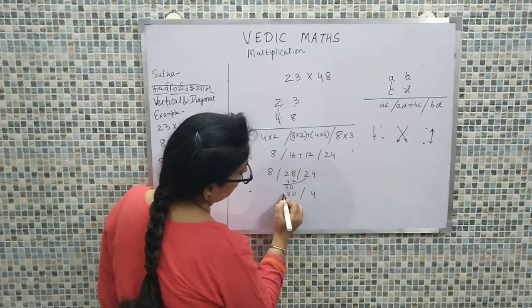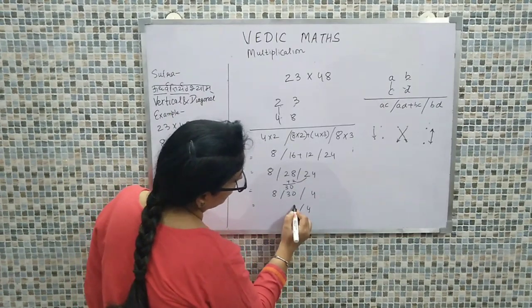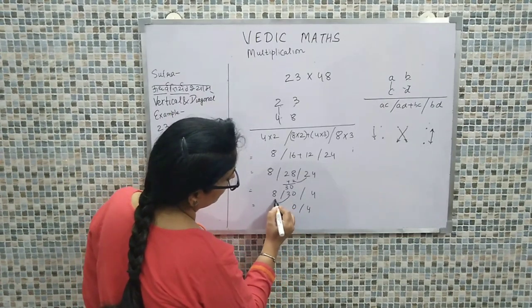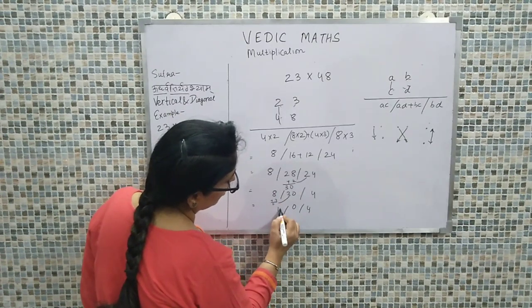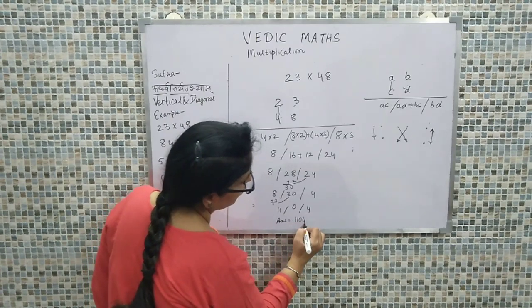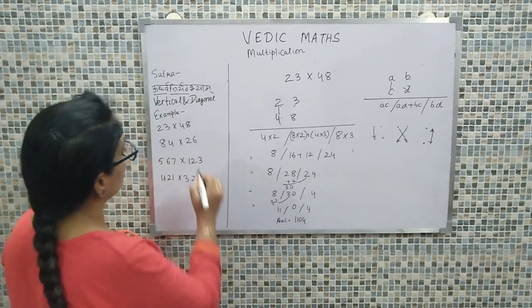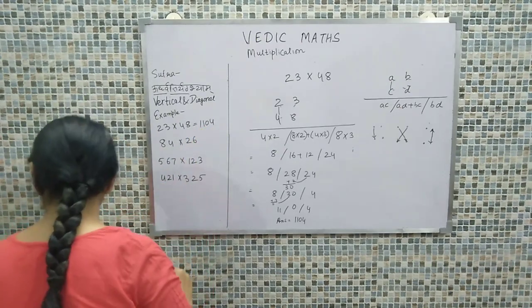So we keep 30 here and 8. We have 4, 0 is retained, 3 is the overflow, and 8 plus 3 is 11. So our final answer is 1104.